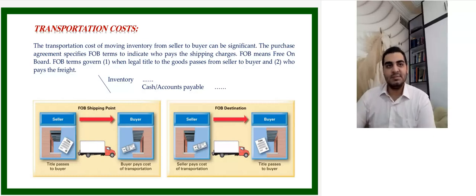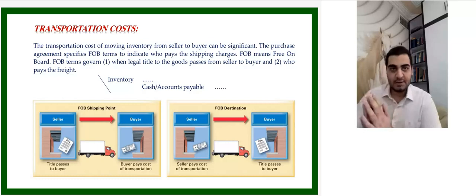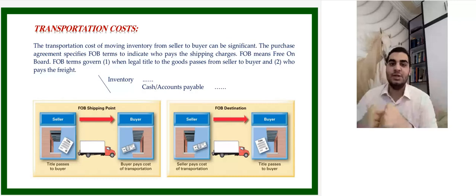The next term is transportation costs. The transportation cost of moving inventory from seller to buyer could be significant. For example, between two different countries, two different continents, the cost could be very high. So the purchase agreement specifies FOB terms to indicate who pays the shipping charges.